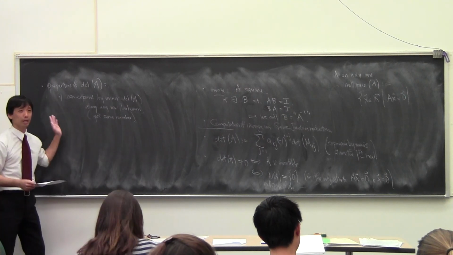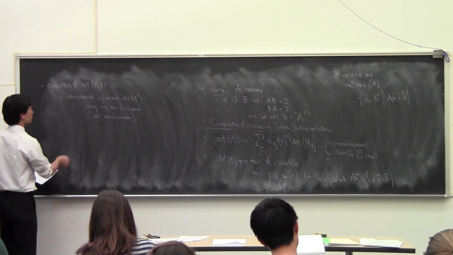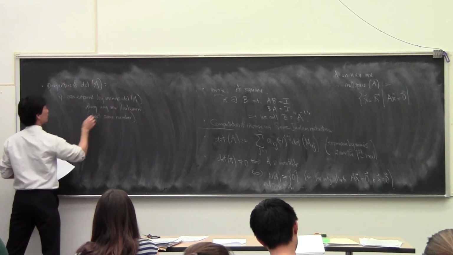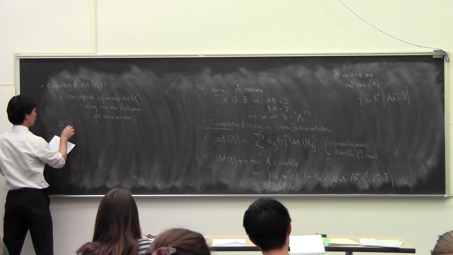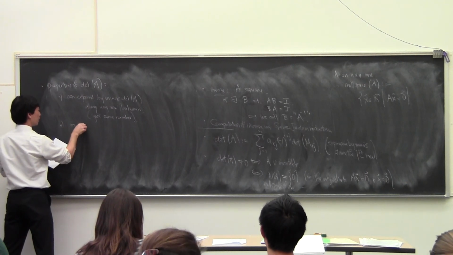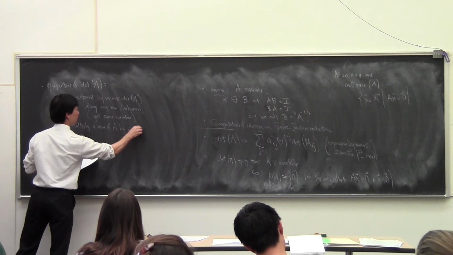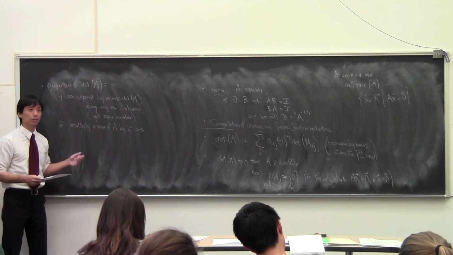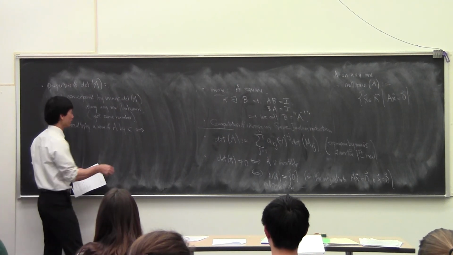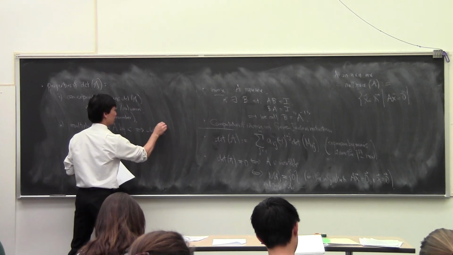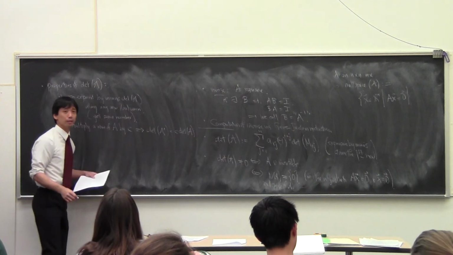If you do your expansion by minors down the second column, you get the same thing as down the first column, etc. Second, as a consequence, if you multiply a row of A by some number c, then the determinant of the new matrix is c times the determinant of the old matrix.